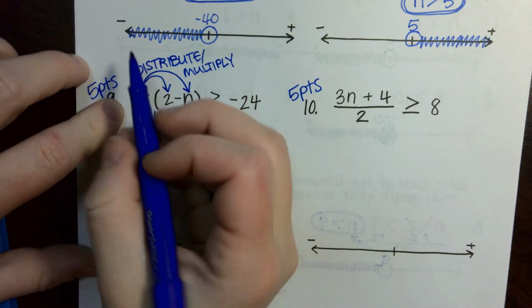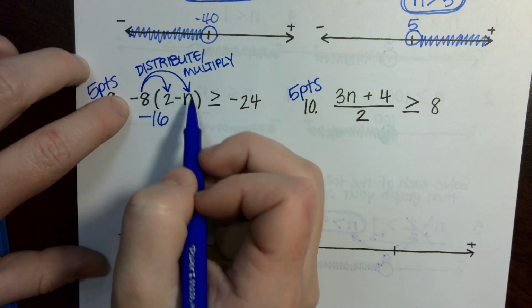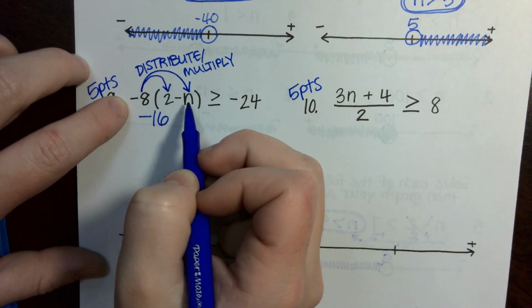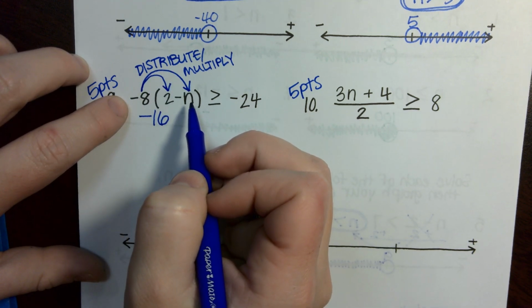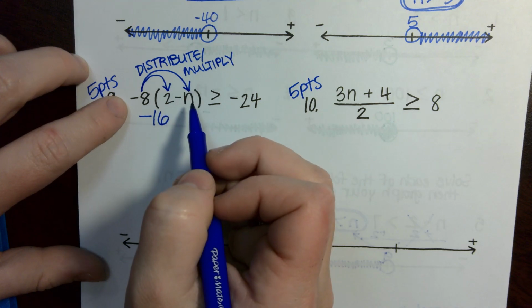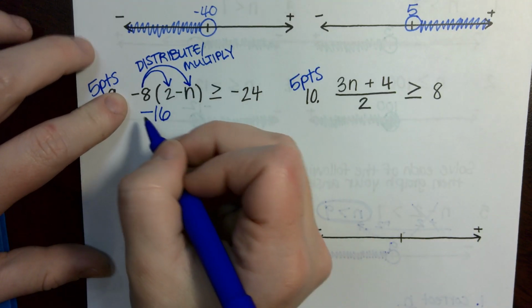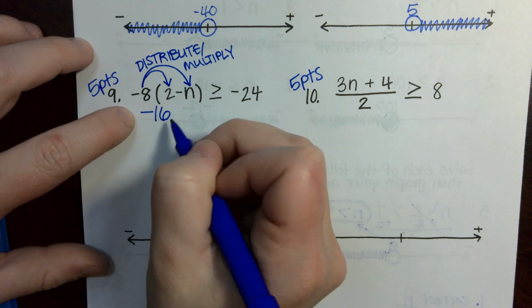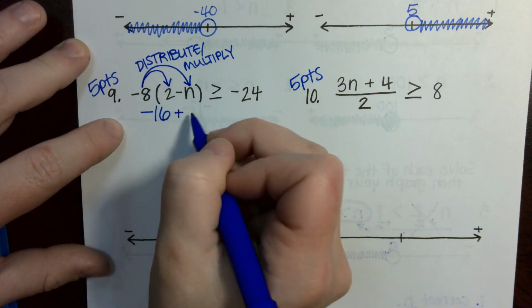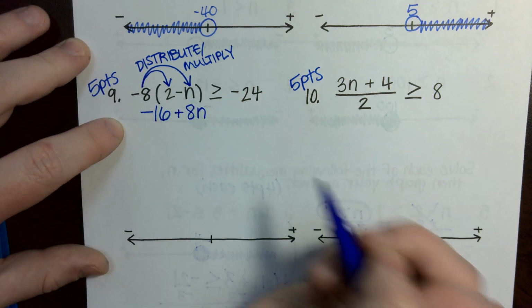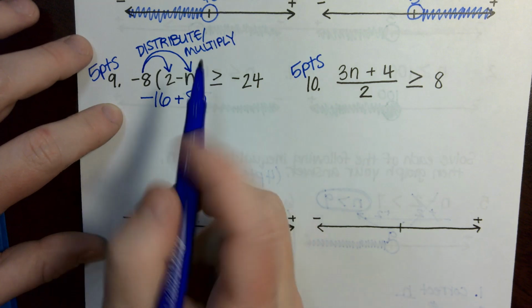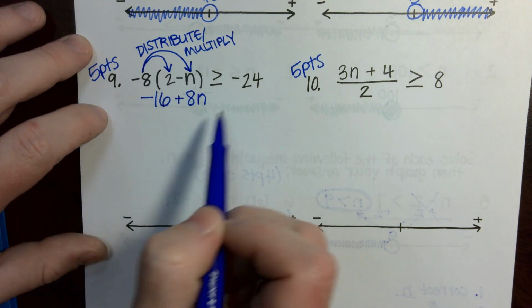So if I take -8 times -1, I'm going to get +8n. Don't lose your n. So we're going to get -16 plus 8n. Okay. Is anybody confused about that?